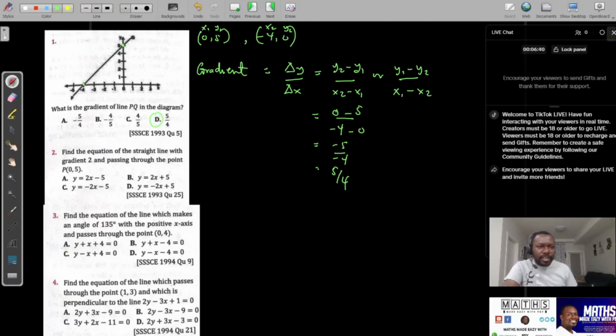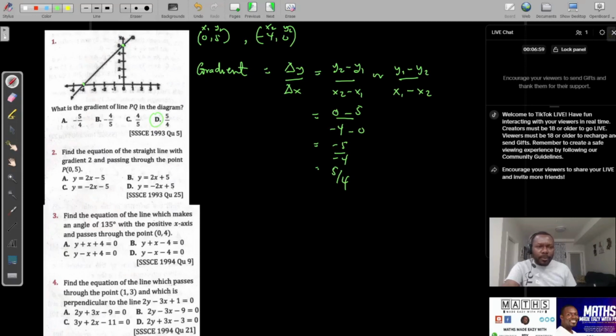Now, for the next question, we are told to find the equation of the straight line with gradient 2 and it passes through the point (0, 5).